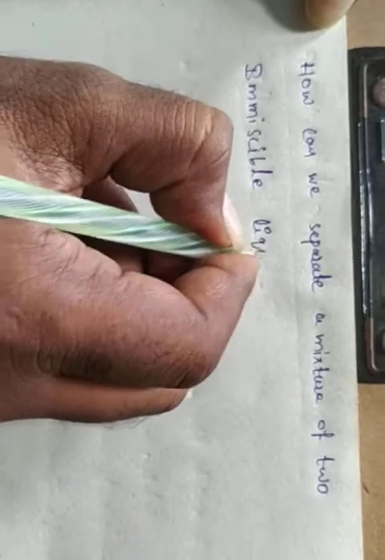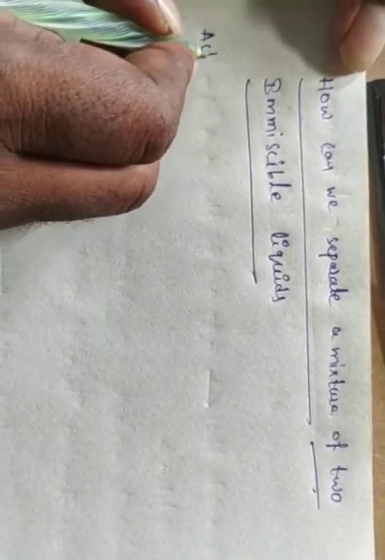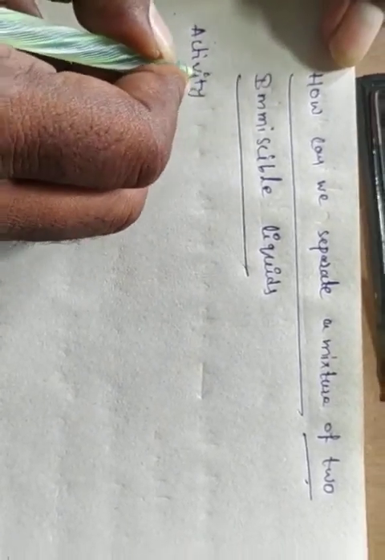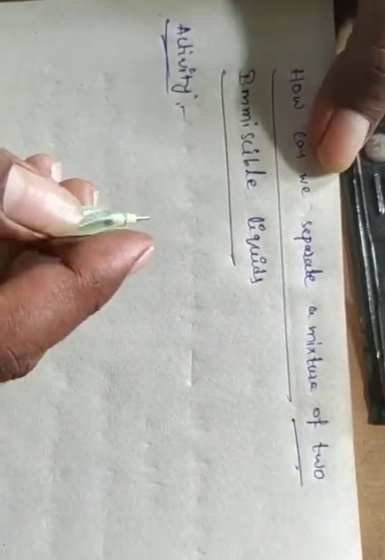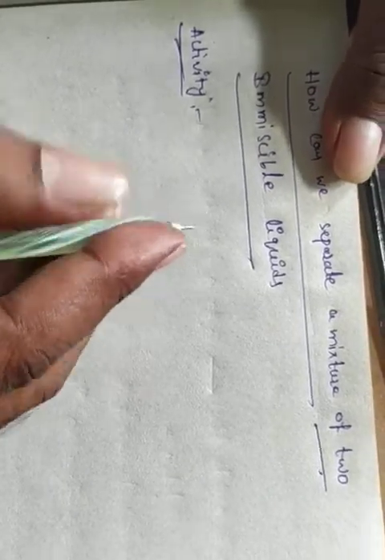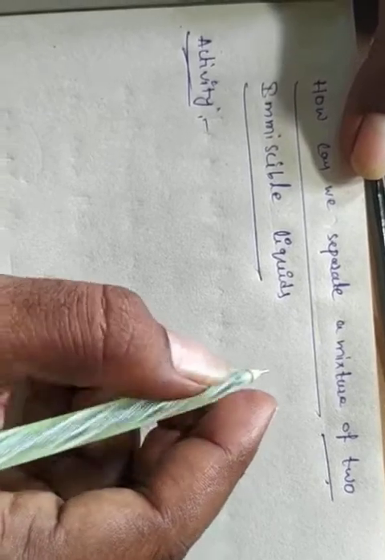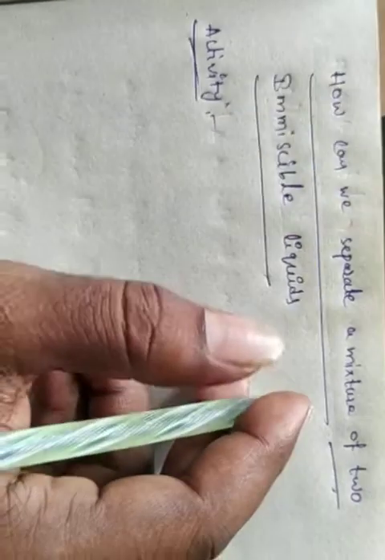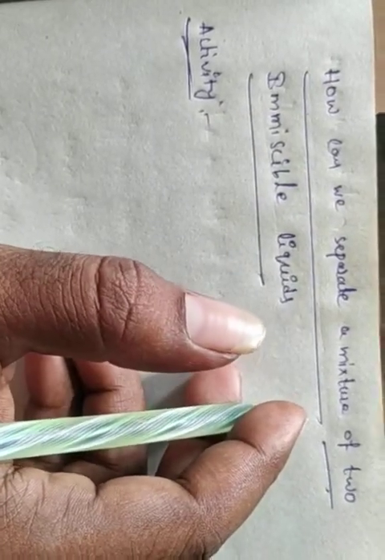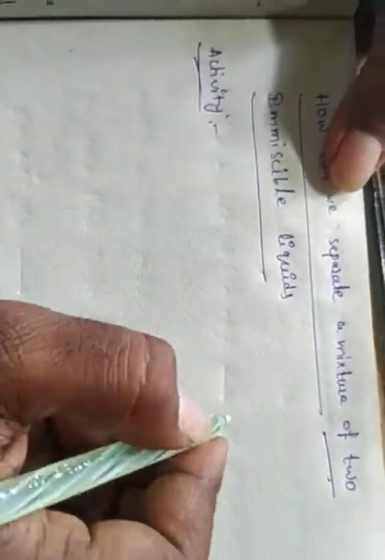Here we can understand easily by an activity. For suppose, here we take kerosene oil and water. Immiscible liquids we have to separate by the separating funnel. What is the instrument name? Separating funnel. Before that, to separate cream from milk we used the centrifugation machine. But here, separating funnel. What is the separating funnel?